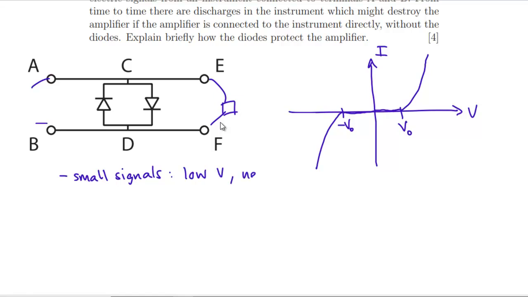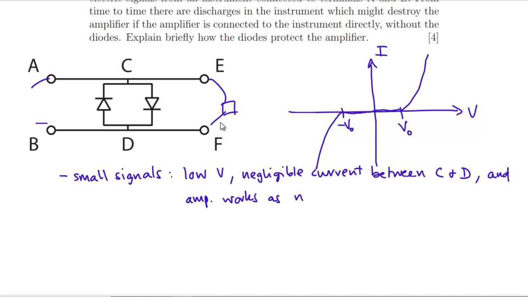So there's going to be negligible current through the diodes, negligible current between C and D, and we could say the amplifier works as normal. This is more or less saying that if we've got small signals, we're operating in this region of the graph that we've just drawn out.